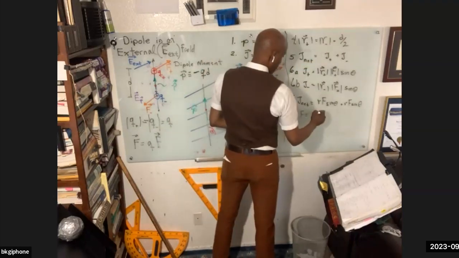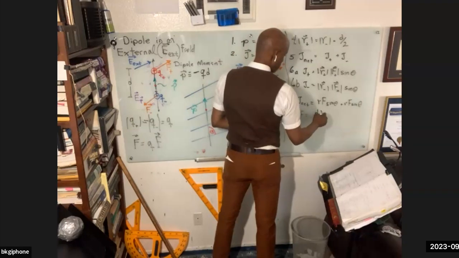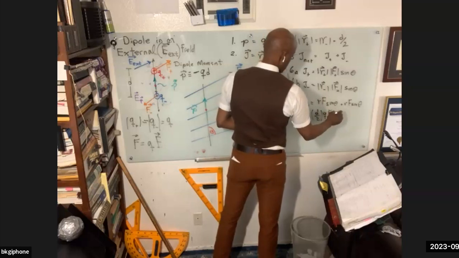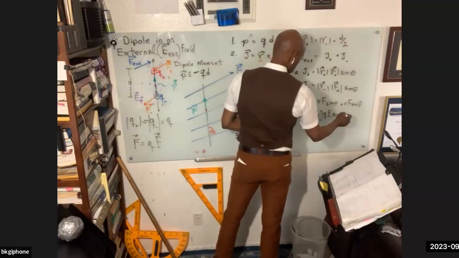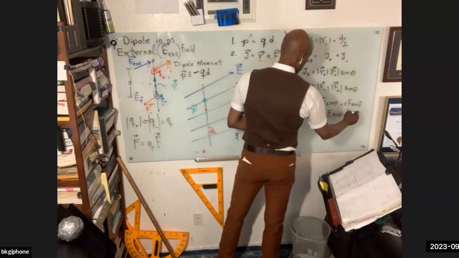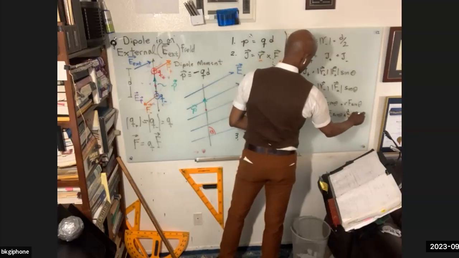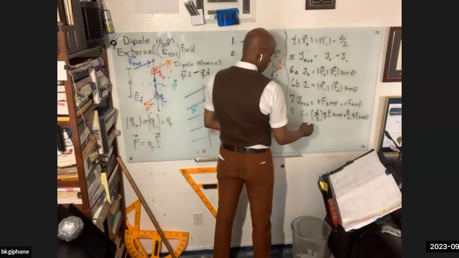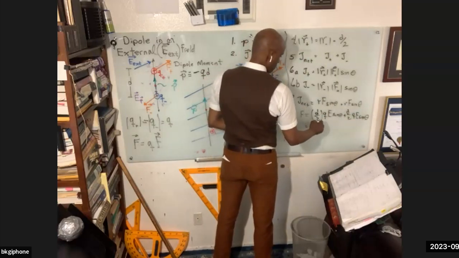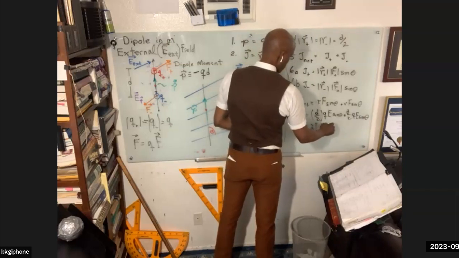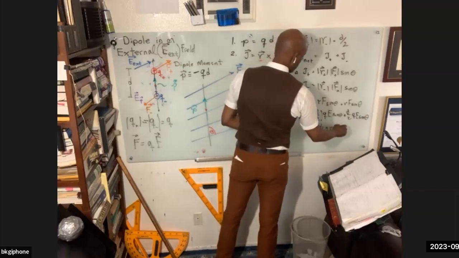So if we put all that in, we've got D over 2 times F, which is Q times E, and sine theta, of course, plus D over 2 Q E sine theta. So we've got two of those, so you have 2 times D over 2, Q, E, sine theta.